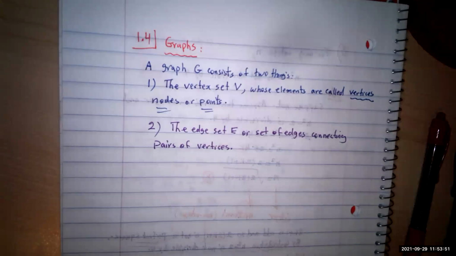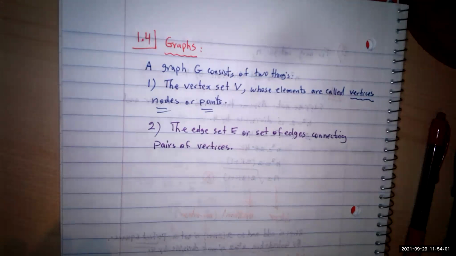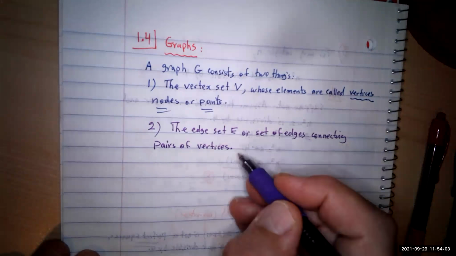Okay, you don't have to have these edges between any two vertices, but if you have it, you have an edge. Okay, that's it. Now, sometimes you have some direction.